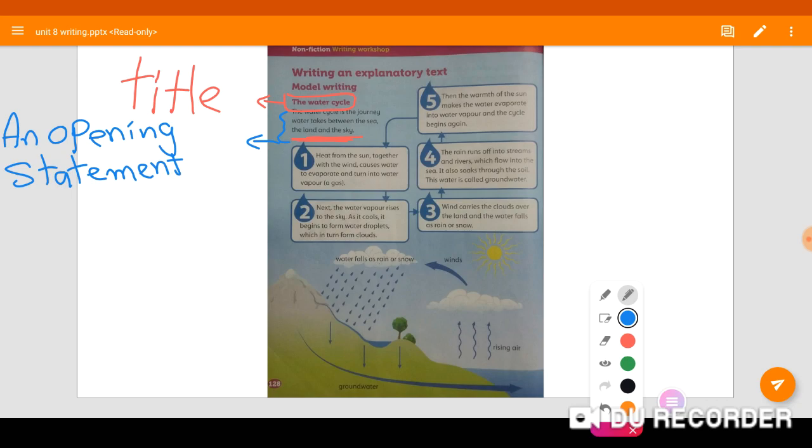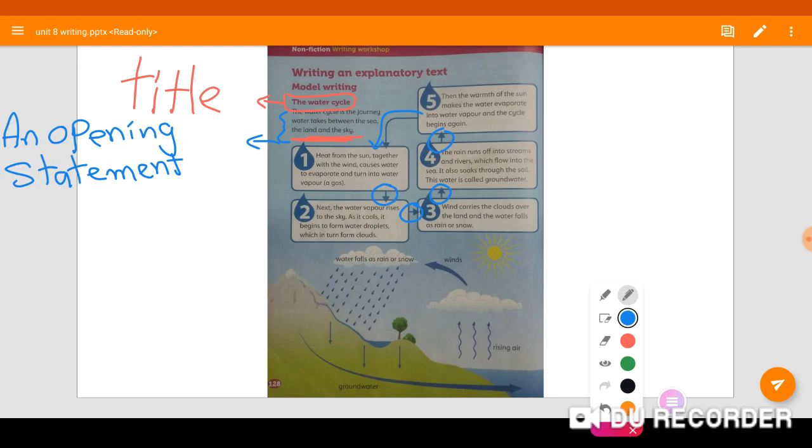After that we have some numbers. This is number 1, 2, 3, 4, and 5, okay? After number 1 I have an arrow that leads me to number 2. Another arrow leads me to number 3, another to number 4, another to number 5, and the last arrow means the cycle will start one more time, okay?